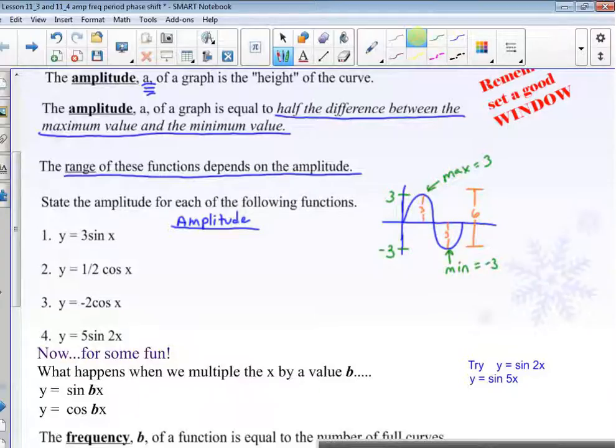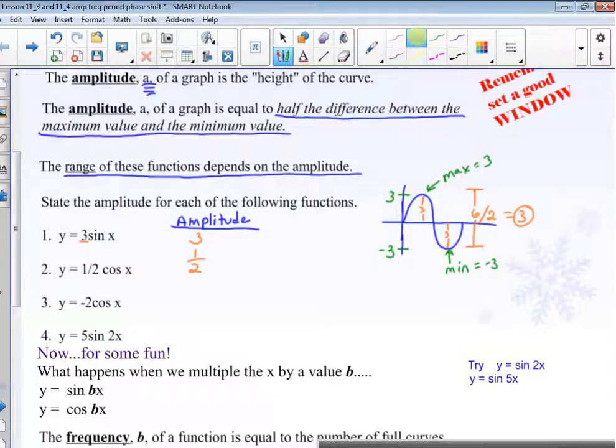That's what we're trying to find: what is the distance from that middle line to the maximum point, or from the middle line to the minimum point? So you could take the distance between the min and the max point and divide it by 2. Or look at that. It is the number in front. So the amplitude is 3. On y equals 1/2 cos x, the amplitude's 1/2.